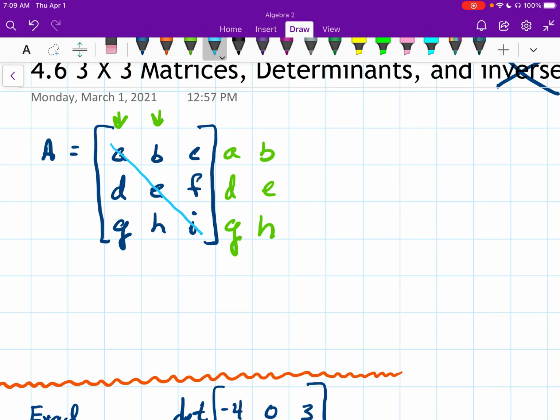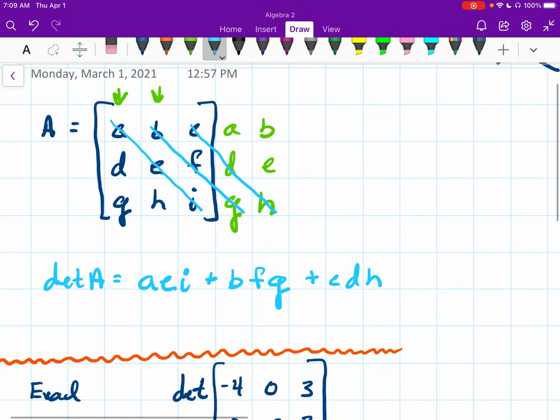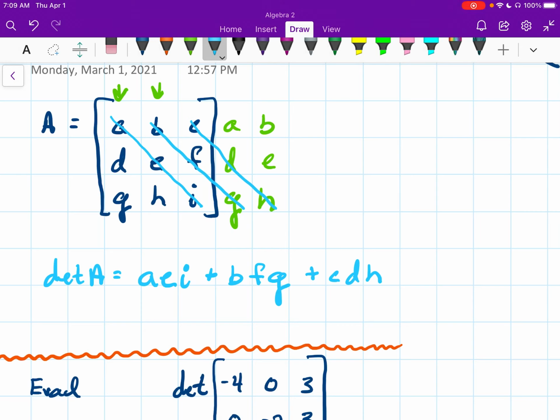We'll say determinant of A equals A times E times I, plus the second one, B times F times G, and another one, C times D times H. So we go through the three lines of negative slope, and you add them together.